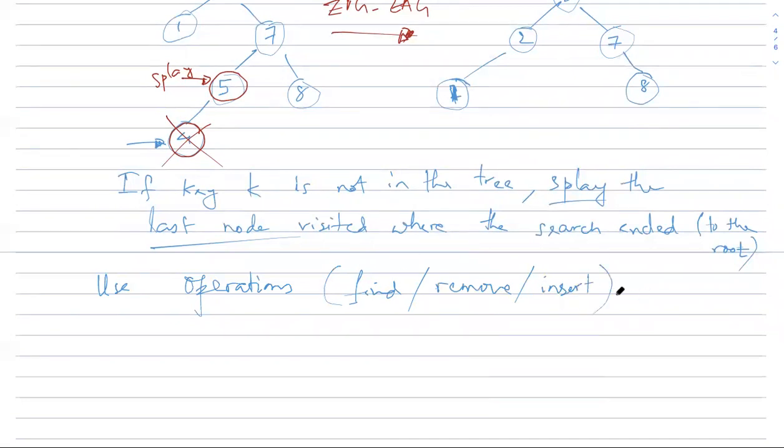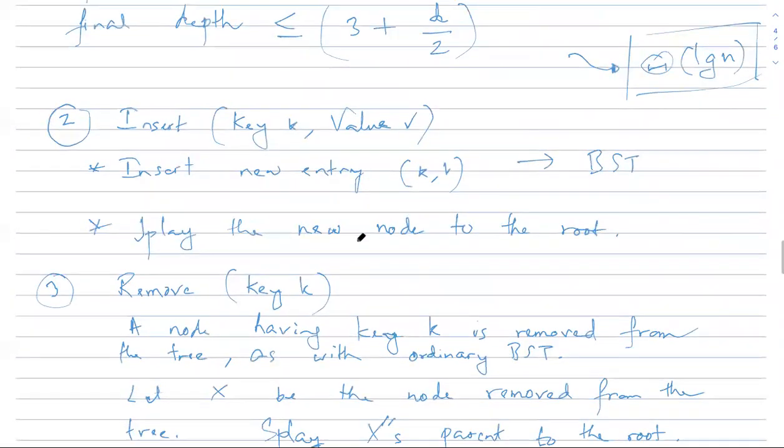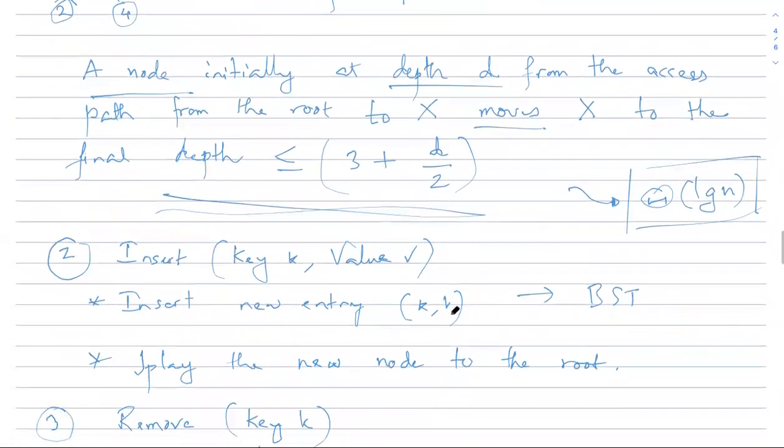Whatever the operation is, you're using operations as a pretext for performing splay operations or rotations. And you're doing that because now you know that by doing it sequentially, you are able to reduce the depth by half at every step.